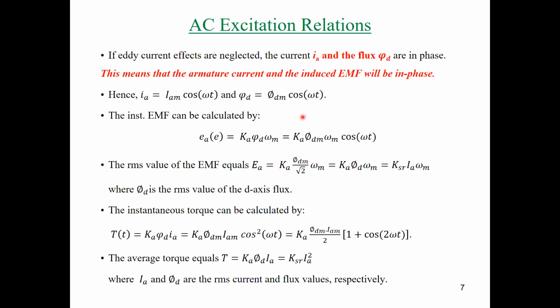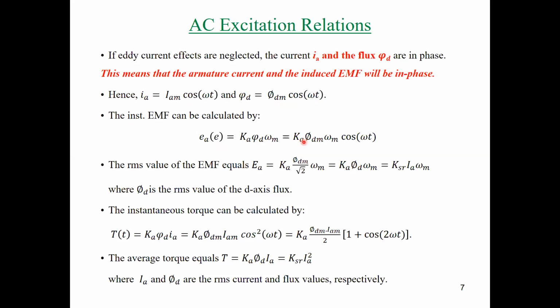If we assume an electric current IA equal to IA maximum cosine omega t, and phi D equal to phi D maximum cosine omega t as well, we can calculate the instantaneous EMF as machine constant multiplied by flux multiplied by speed.